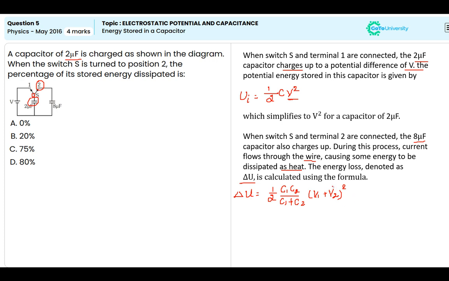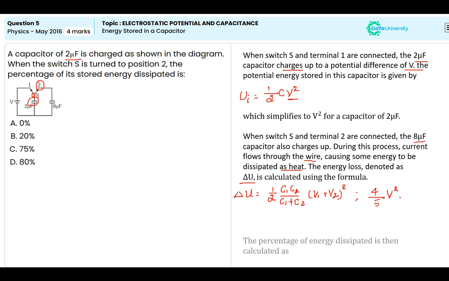V1 is V and V2 is 0. This implies we get the answer, that is 4 by 5 V square.